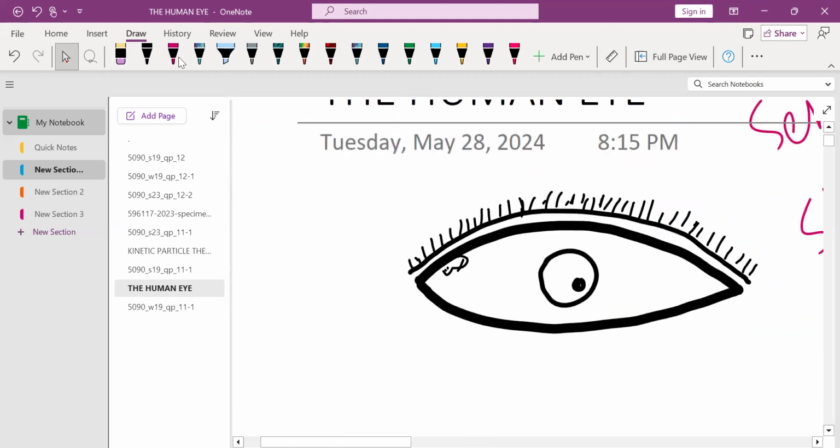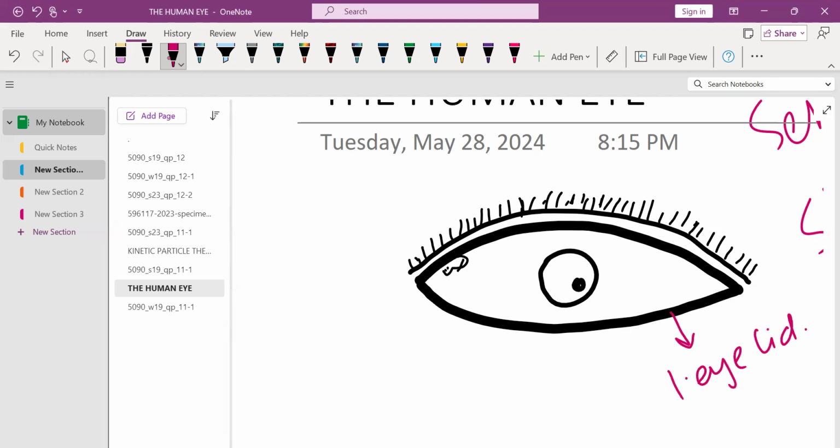So let's label the eye. Firstly, this is the lower eyelid. This is the upper eyelid. These are the eyelashes. This is the tear gland.